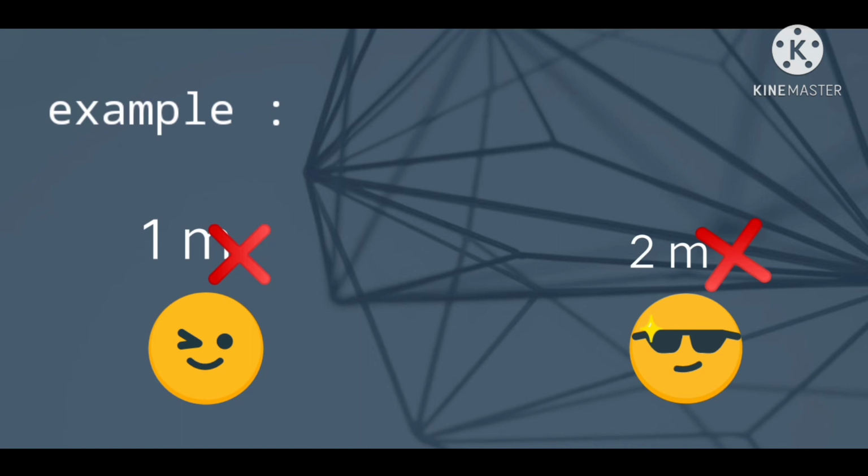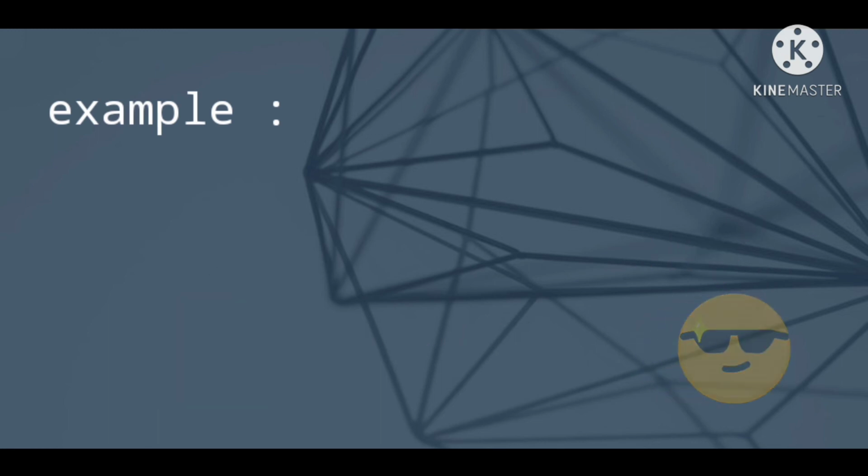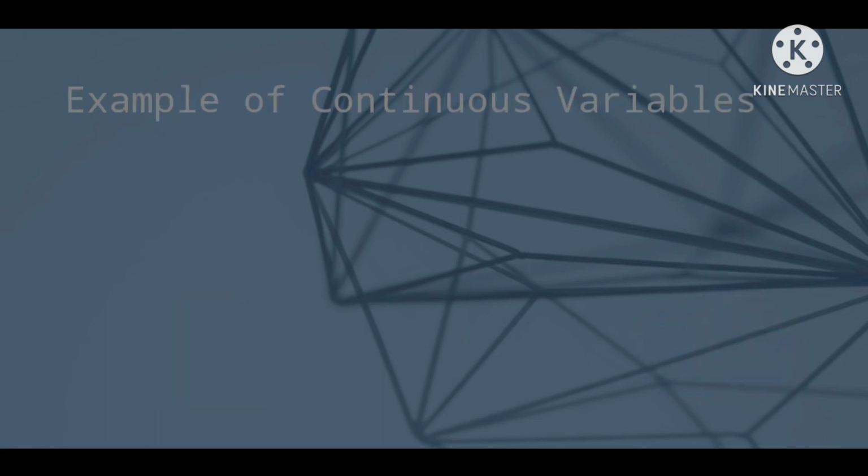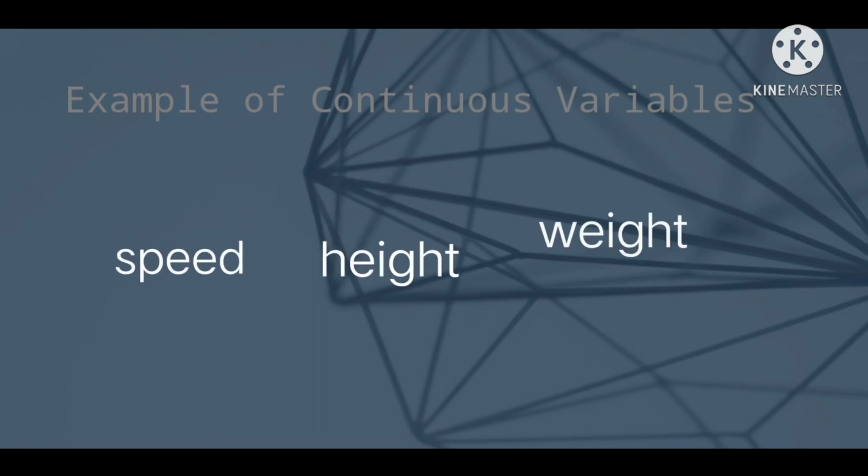It could be somewhere in between. It could be 1.25 meters or 1.50 meters. So it doesn't have to be a whole number. That would be a type of continuous variable. Other examples of continuous variables that can be measured are speed, height, weight, and so on.